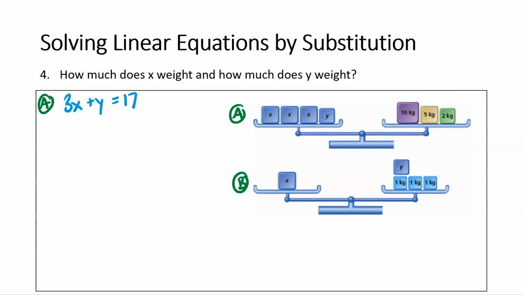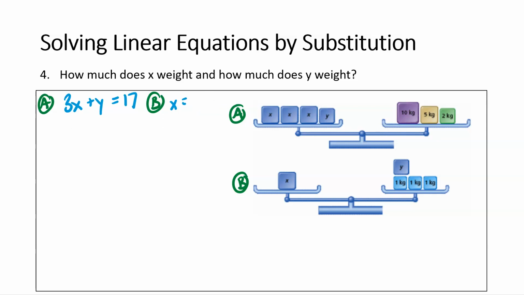That's your first equation. Equation B, you have x equals y plus 3. That's your second equation. Now, if you look at this, we know that our first step is to isolate for a variable.